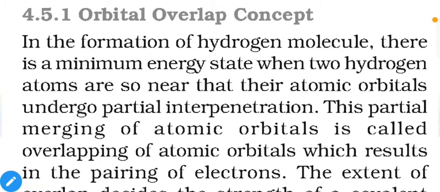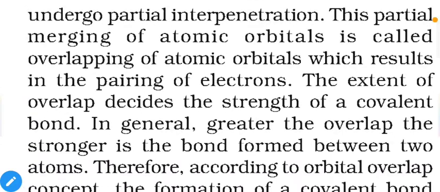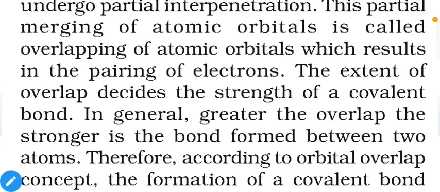Partial means they are not completely mixed with each other. Some portion of those orbitals are mixed, or penetrated into each other. This partial merging of atomic orbitals is called overlapping of atomic orbitals, which results in the pairing of electrons.